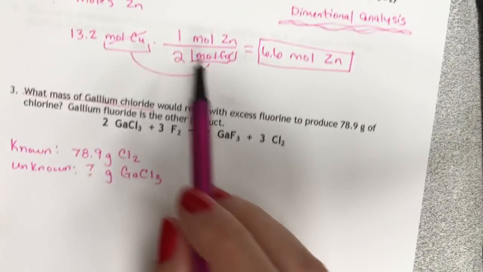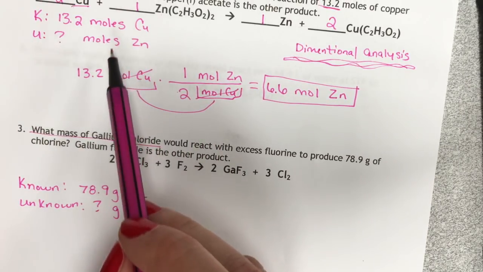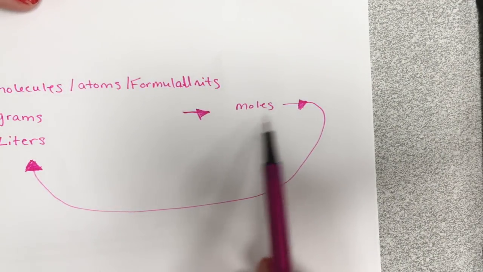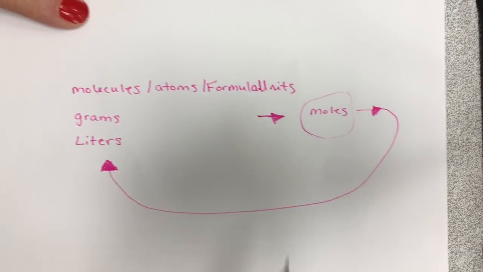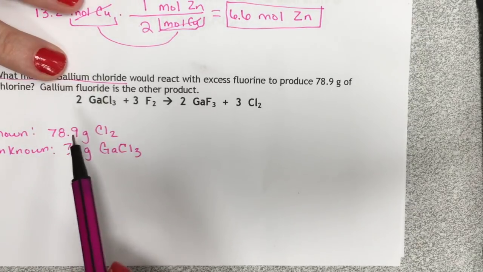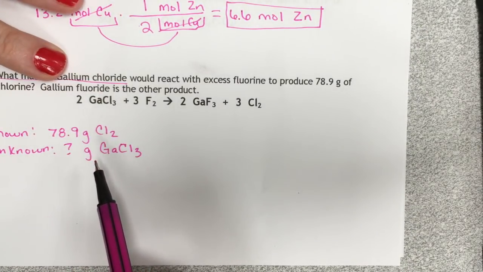This is a little different than the last problem because we were going from moles to moles, which is just that one single step. But here we're actually given grams, and we have to go from grams to grams.